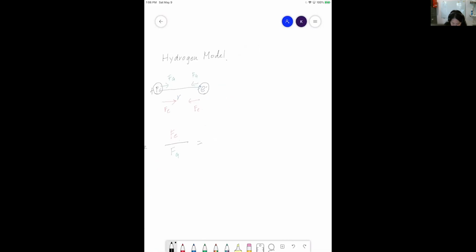So apply Coulomb's law. Coulomb's law says Ke Q1 Q2 divided by R squared. And gravitational force says G M1 M2 divided by R squared. Okay. What's Ke? Ke is 9.0 times 10 to the 9 newton coulomb meter squared divided by coulomb squared.